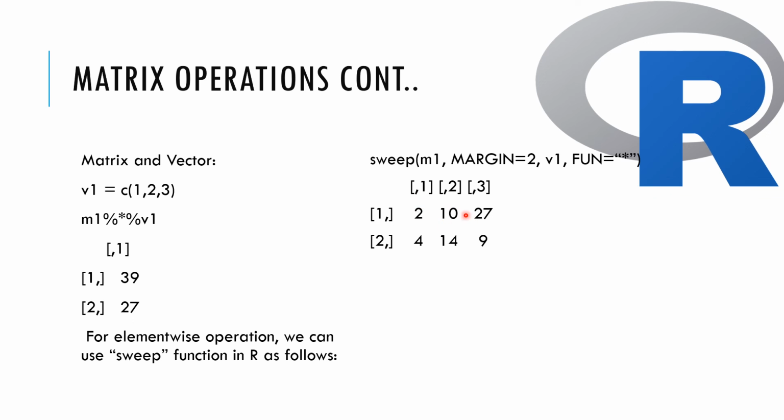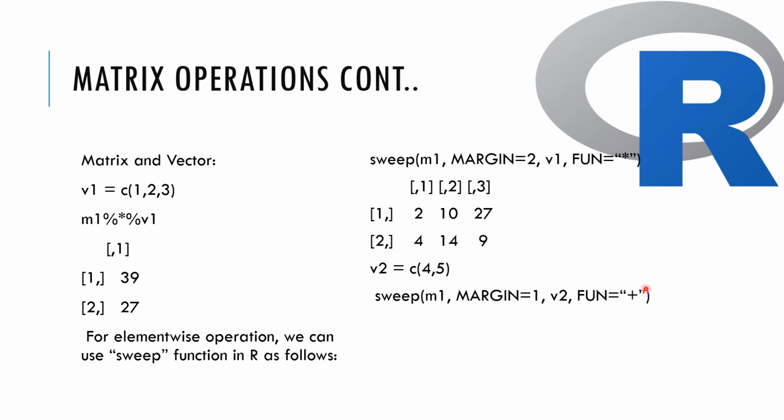The second element in M1 is 5, and therefore 2 into 5 is 10, and this was 9, so 9 into 3 is 27, and again you go to the next row and you get the same result. Now you can do the other element wise functions as well.